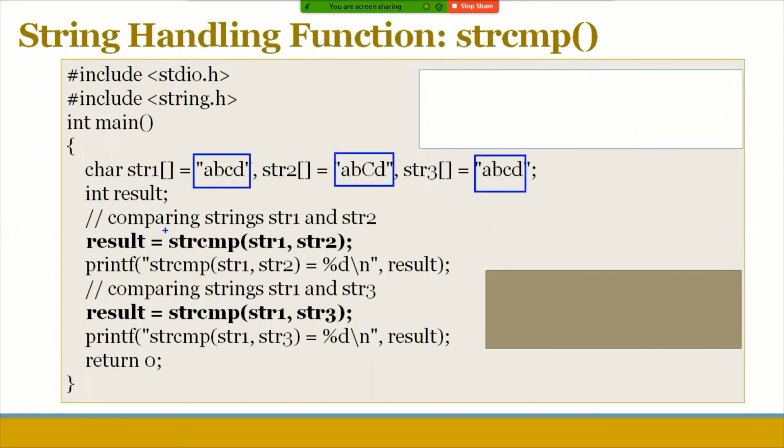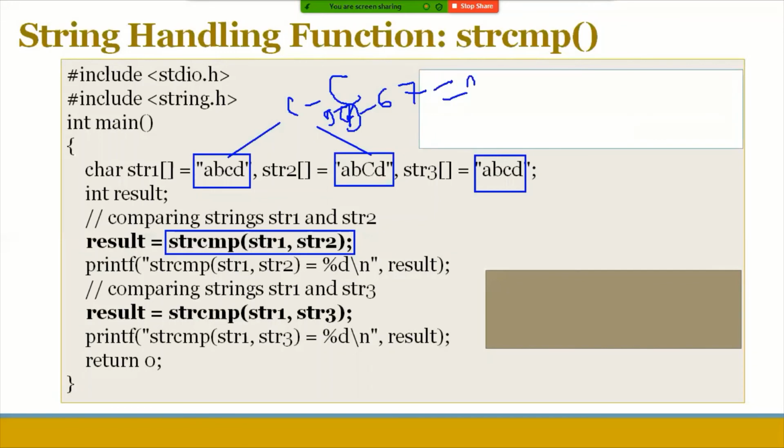Now, if we compare str1 and str2 with the help of strcmp, in this case ab is common, and then lowercase c minus uppercase C. Lowercase c value is 99, and uppercase C value is 67, with a 97, b 98 and A 65, B 66. So 99 minus 67 is 32, so that is plus 32. That 32 will be returned to result.